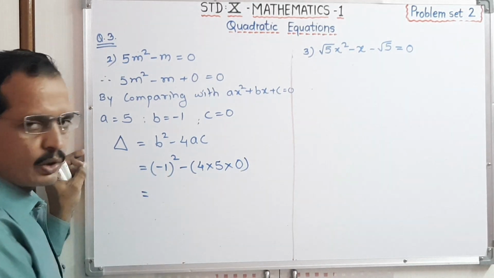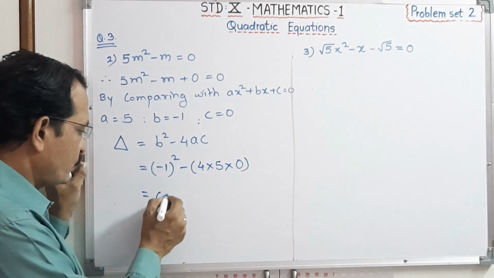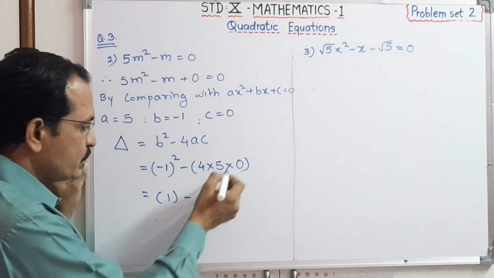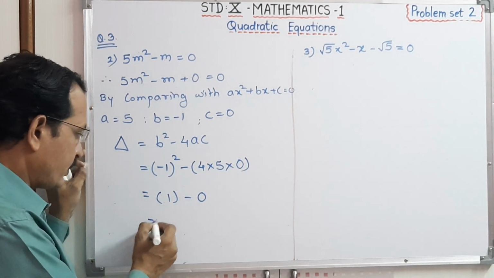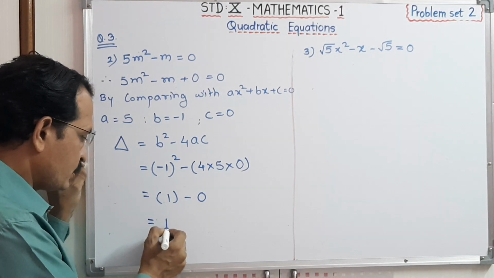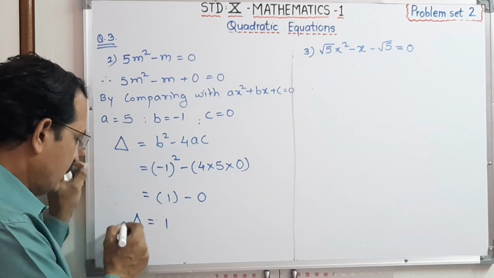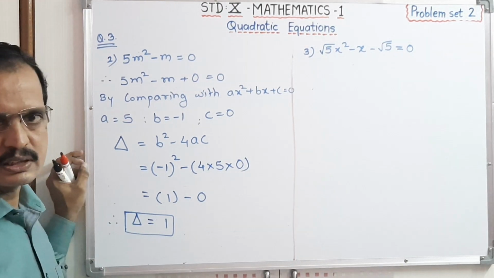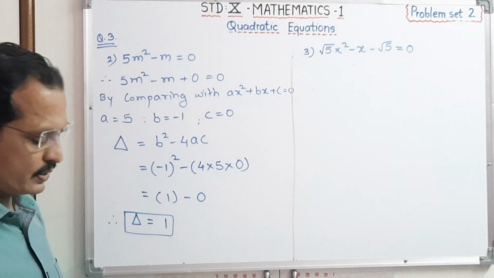Student, square of minus 1 is 1, minus 4 into 5 into 0 is 0, therefore it is 1 minus 0, which is 1. Therefore delta is equal to 1. This is the value of discriminant for this equation.